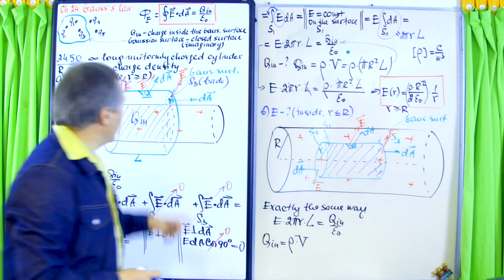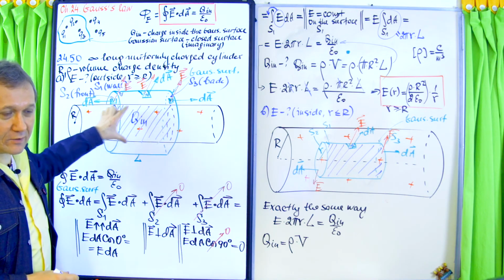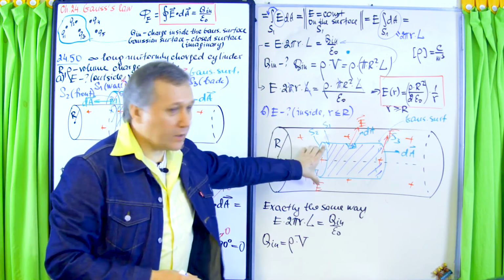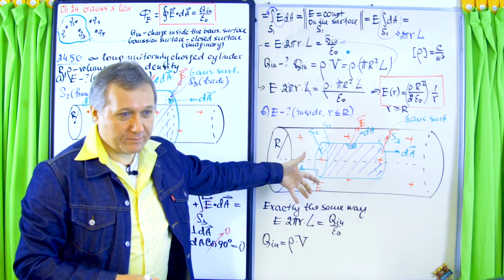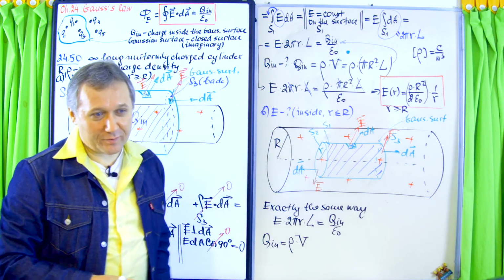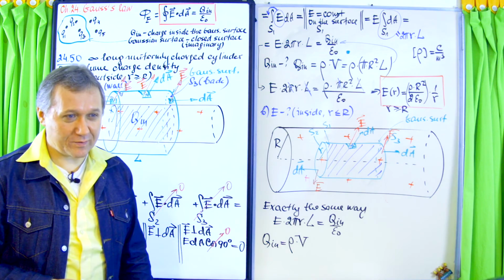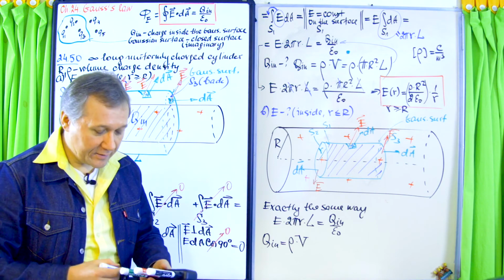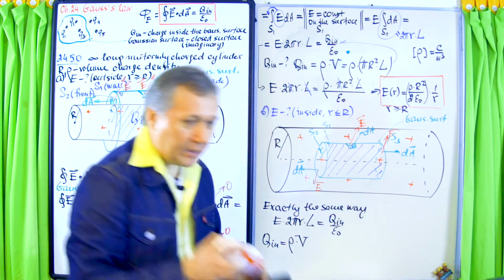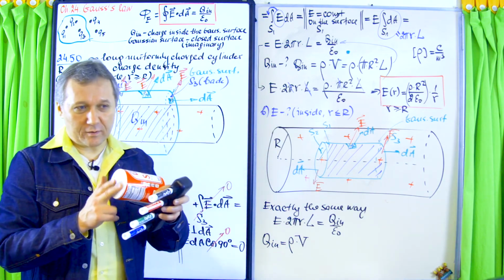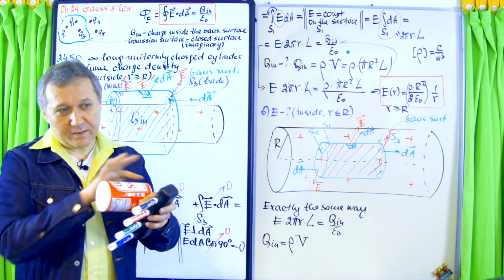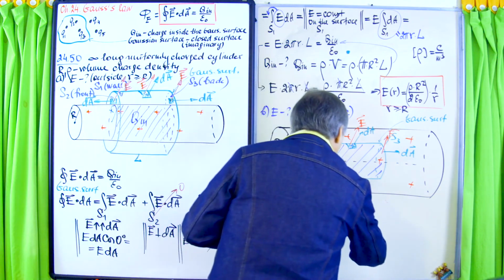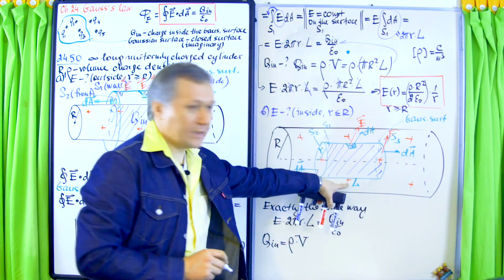Of course, it's smaller than the volume that we had over here, because now only this amount of charge is enclosed within the Gaussian surface. So how can we find that volume? Still the same formula. It's the area of the cylinder base times the height, the length of the cylinder, L capital.